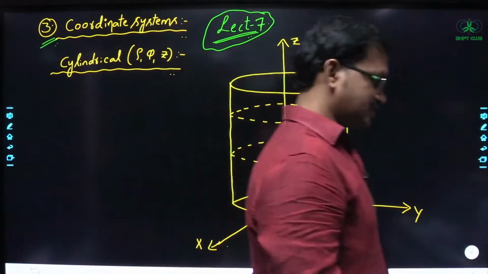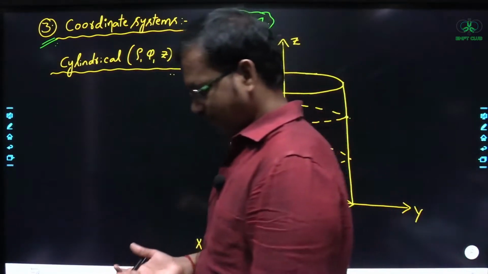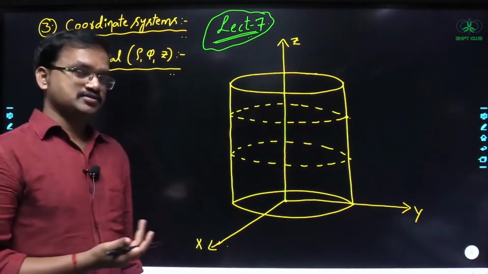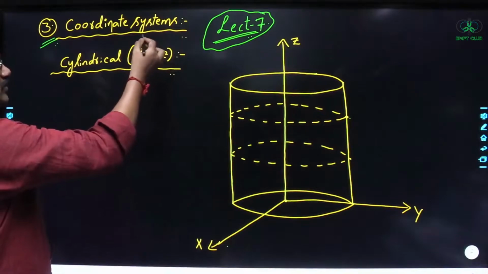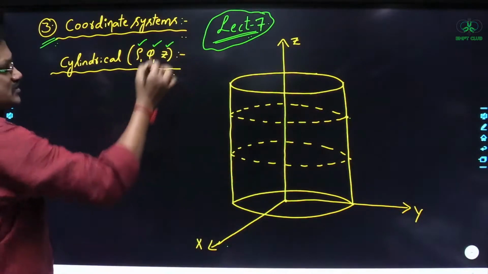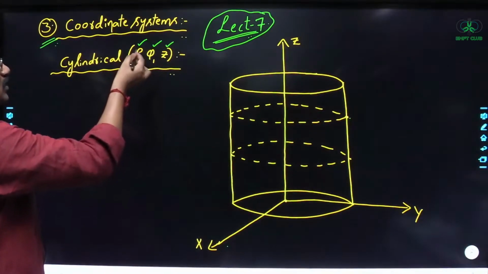In the previous lecture, I explained what rho, phi, and z are in the cylindrical coordinate system, and also the differential lengths.